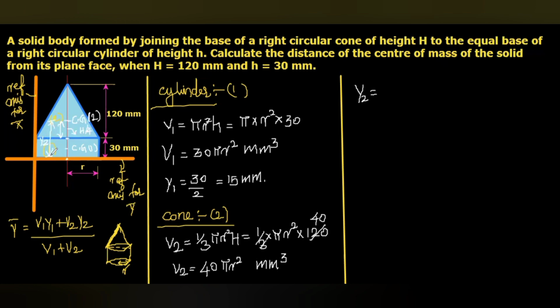So from here to here, 30. From this base to CG2, capital H by 4. So the total distance is 30 plus capital H by 4.